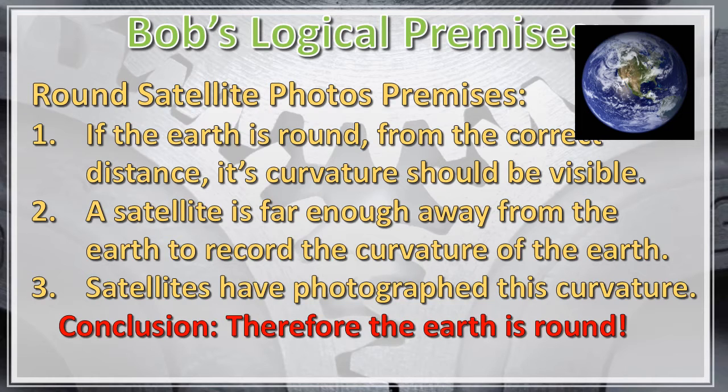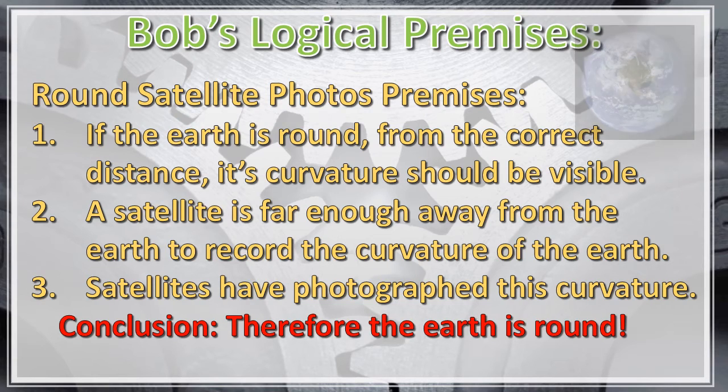Since satellites have photographed the curvature of the earth, we know they must be far enough away to actually see it. So if all the premises are true, and the conclusion follows or makes logical sense based on those premises, then the conclusion is logical and valid.